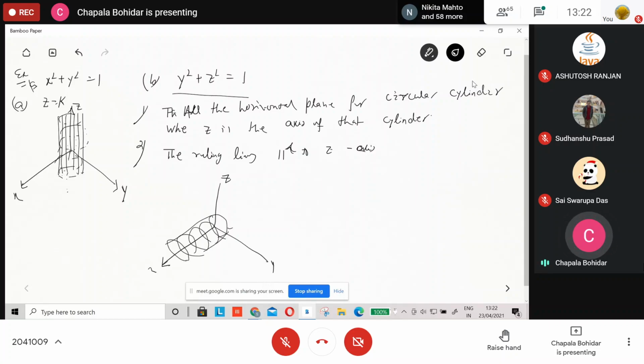X-axis is the axis. Ruling lines are parallel to the X-axis. Yes, but you must write that down.